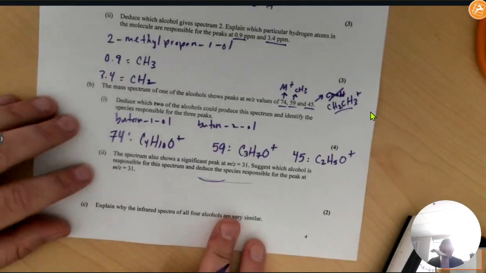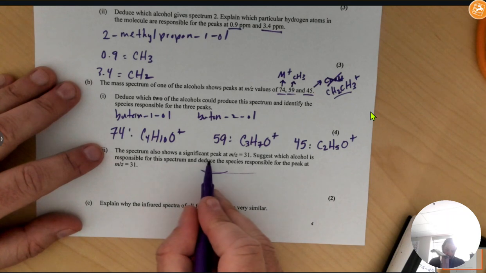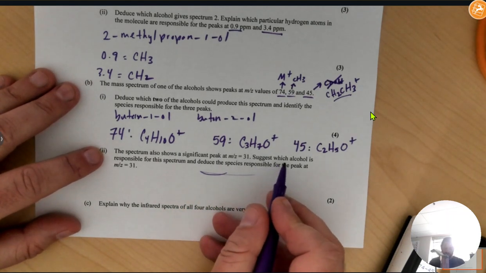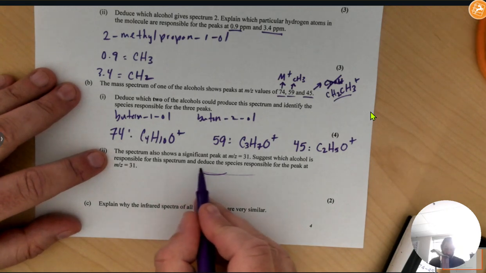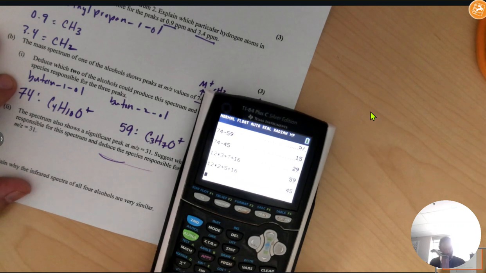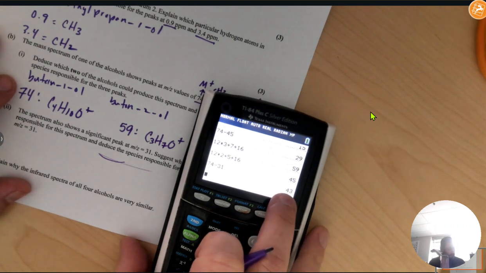Nice. All right, the spectrum also shows a significant peak at mass to charge of 31. So suggest which alcohol is responsible for the spectrum and deduce the species responsible for the peak at 31. So if we take 74 and subtract 31, we get 43.